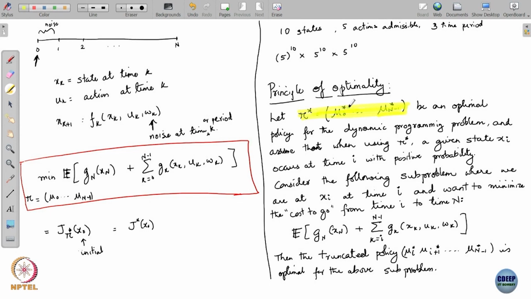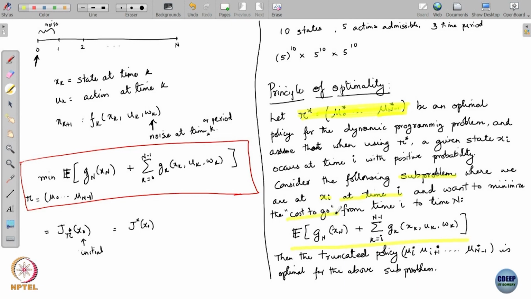Now suppose I consider a sub problem in which you start at initial state xi at time I, and we want to minimize the cost to go, the cost that you incur starting from time I going up till time n.